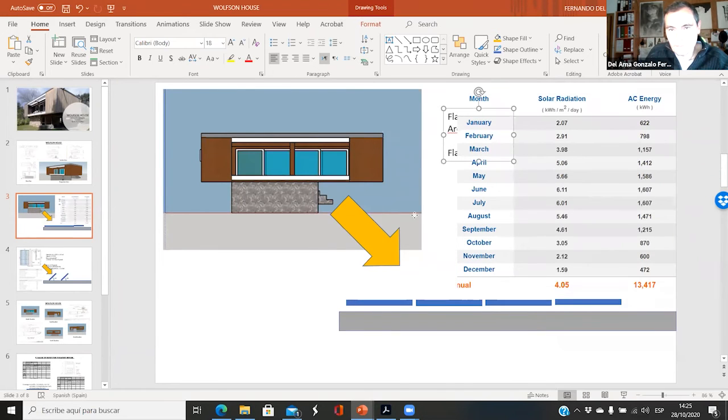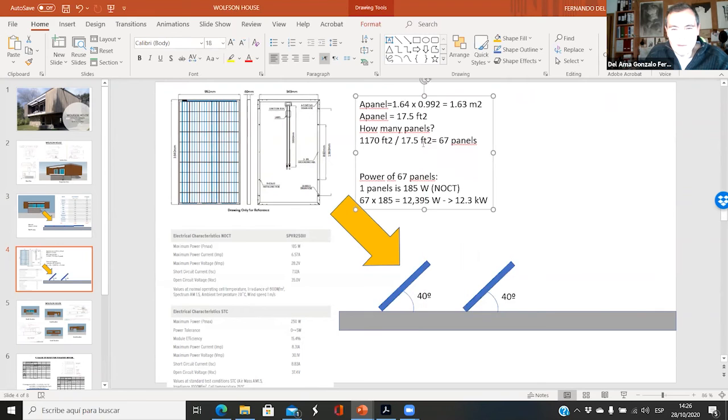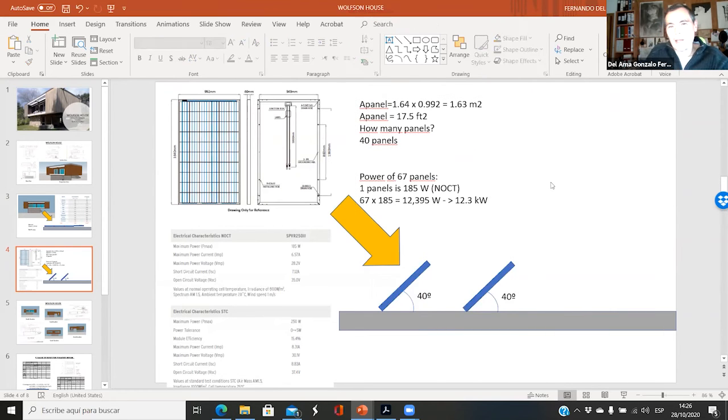Here. Okay, and what about this? Okay, so we need to know how many panels we need. Now this is not an option. We cannot divide the area by the area of the PV panels, but I'm sure that we will have fewer panels. So let's say that we have 40 panels.